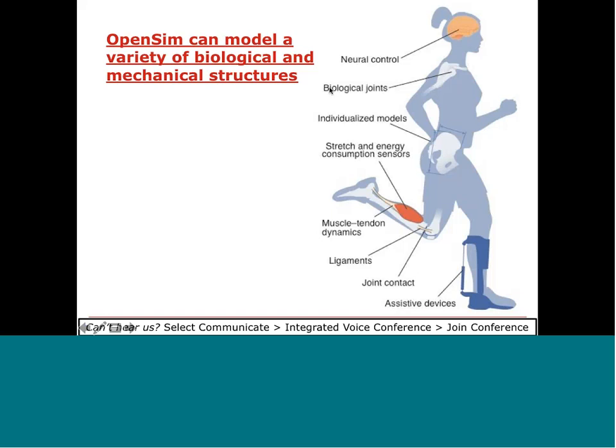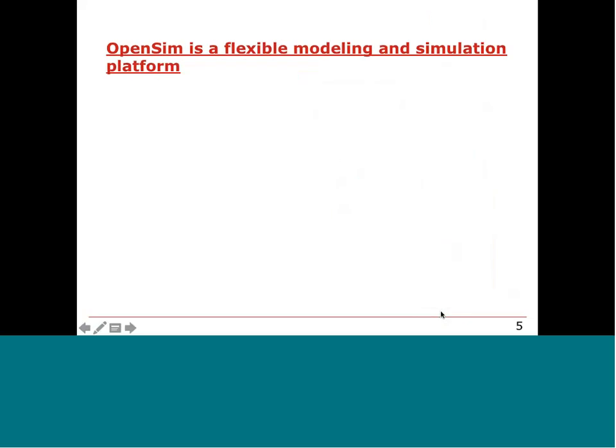Humans are not composed, for example, of all pin joints. Models can be tuned and scaled to individual subjects. And we provide components to estimate metabolic energy consumption during movement, muscle tendon dynamics, and models of ligaments and joint contact. And OpenSim can also model non-biological structures like assistive devices and prosthetics.